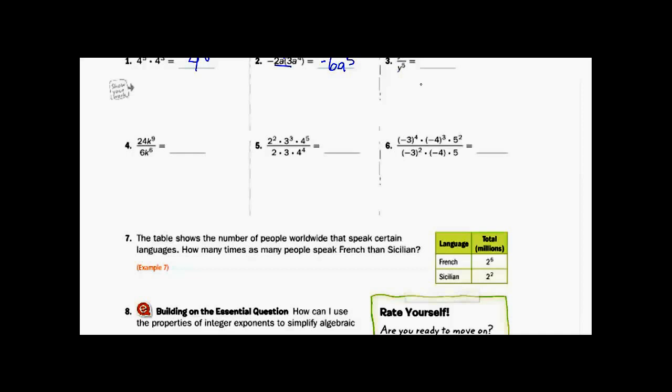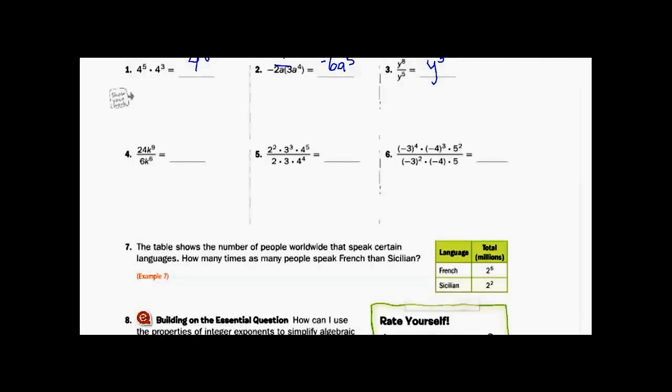Number three, I've got y to the 8th divided by y to the 5th, so I'm going to subtract my exponents, y cubed. Number four, 24k to the 9th divided by 6k to the 6th.